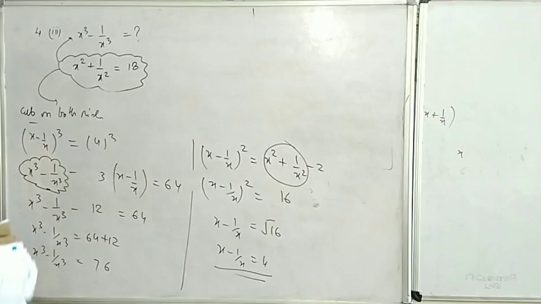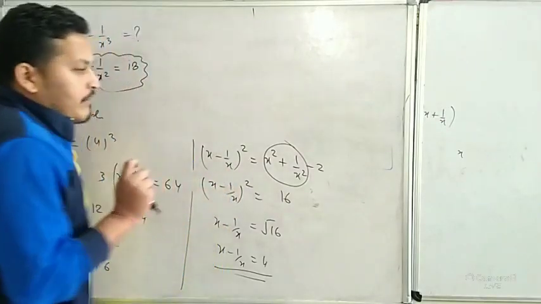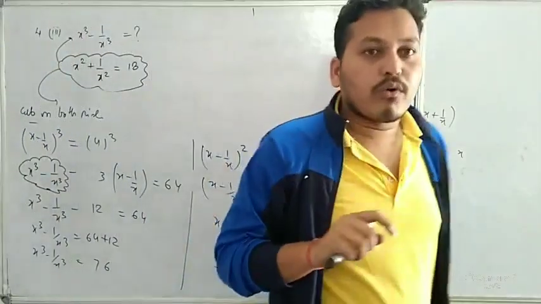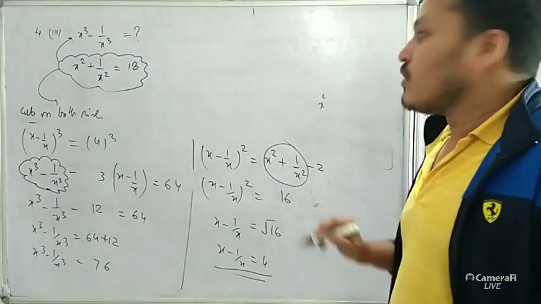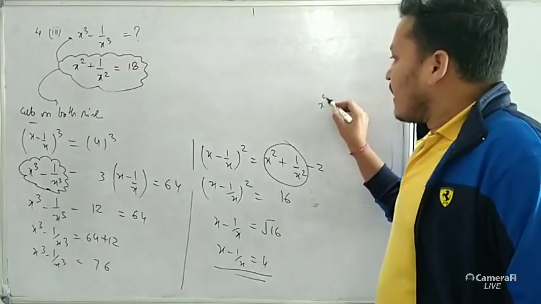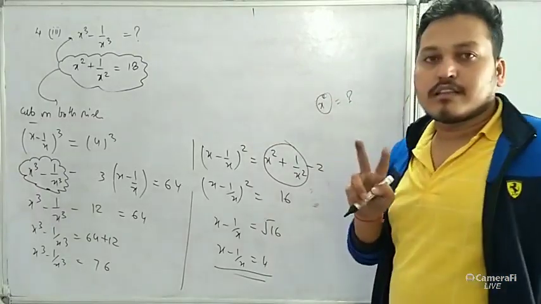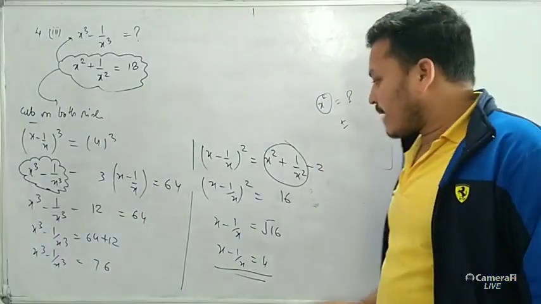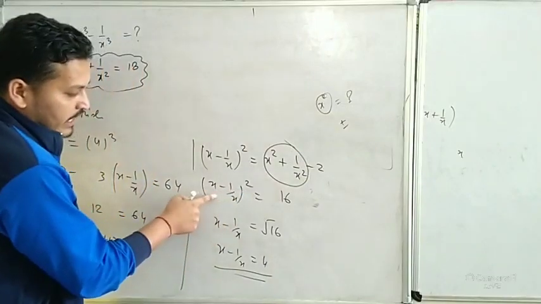Okay, now two things will come in 76, sir, keep this in mind. When you read about the square root, when you read about the quadratic equation, as you know the highest power of a quadratic equation is 2. So if any equation has highest power 2, then we will get two answers, one positive and the second negative. So this is the square of x minus 1 by x.